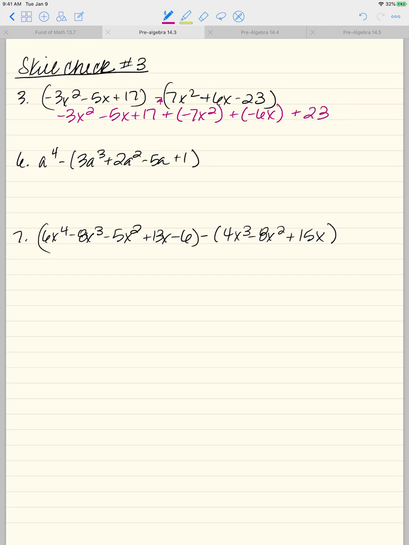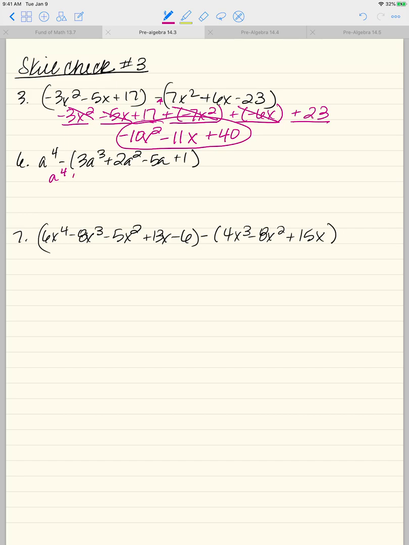There we go. Okay, negative 3x squared minus 7x squared gives me a negative 10x squared. Those are gone. Negative 5x minus 6x gives me a negative 11x. Those are gone. And positive 17 plus 23 gives me plus 40. That's as simple as that one can be.